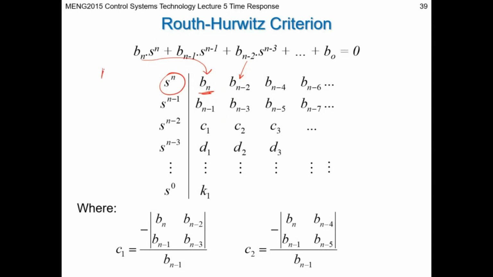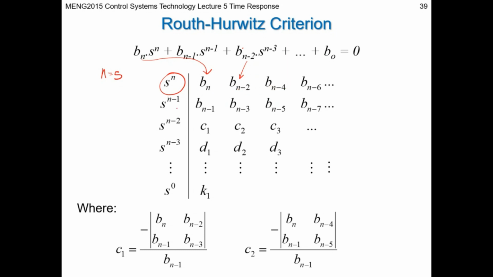So if we're saying, okay, if n equals 4, then this would be B4, this would be B2, and this would be B0, right? Or if we were going higher and we said, okay, n is going to be equal to 5, then this would be a 5, this would be a 3, this would be a 1. Right? So you take basically every other coefficient to put in this first row.